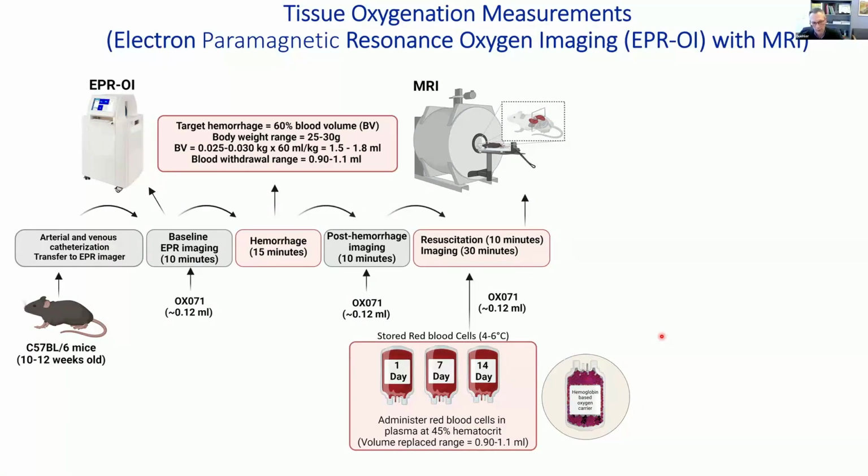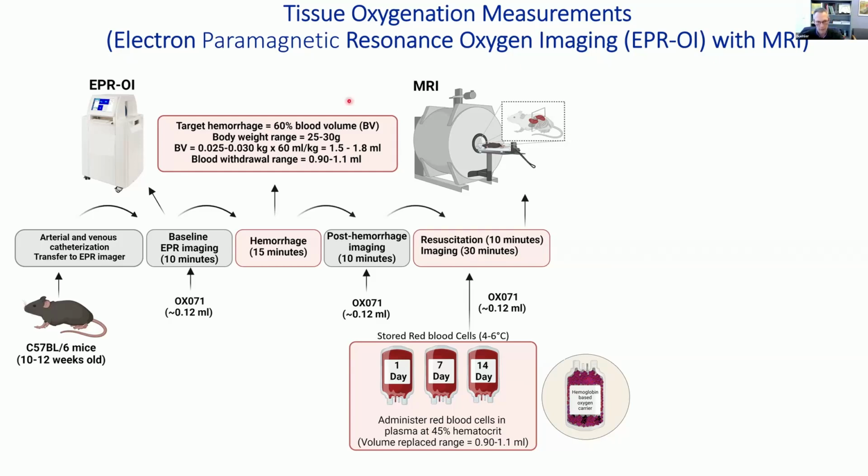And I think it's nice because then we have multiple ways to look at tissue oxygenation as it relates to transfusion, particularly in our disease models. But we finally set up a system within the last year and a half with the instrument that we purchased from O2M.